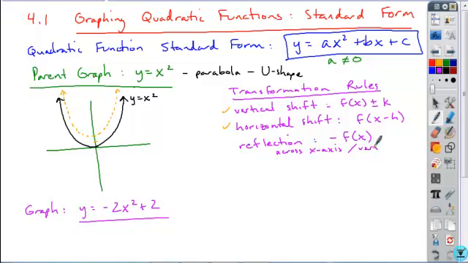Another way to look at it is a vertical reflection. So we're going to take our graph right here, and at this point, it just gets reflected at its lowest point, straight down, across what was the x-axis before the transformation rules applied.